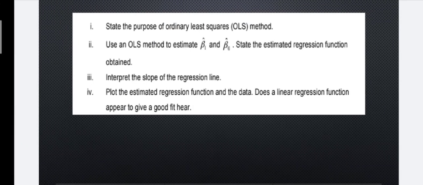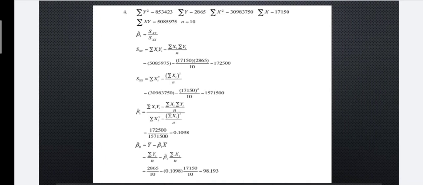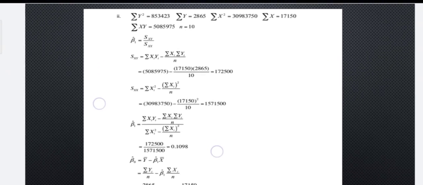Okay, soalan yang kedua, use the OLS method to estimate the beta 1 and beta 0. Then state the estimated regression function. So you kena ada regression equation. So using the formula of beta 0 dan beta 1 tadi, you can calculate.